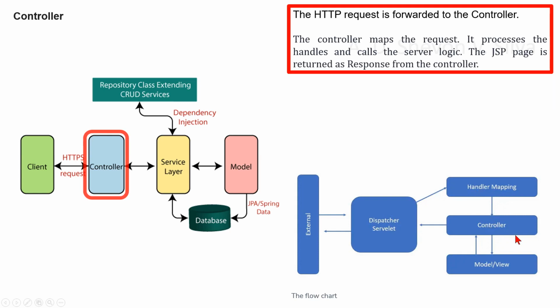In step 3, now the controller will process the request based on the parameters and URL mapping on the HTTP request, and after performing the business logic, it will return the response as JSON or XML to the client.